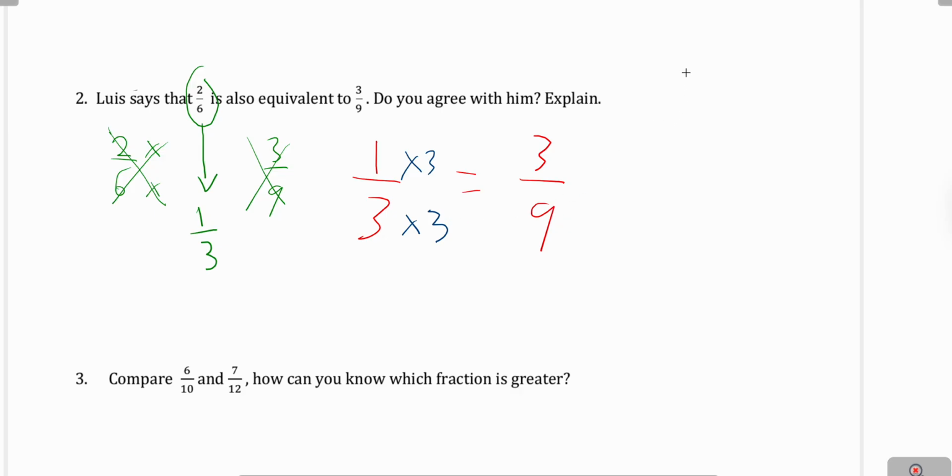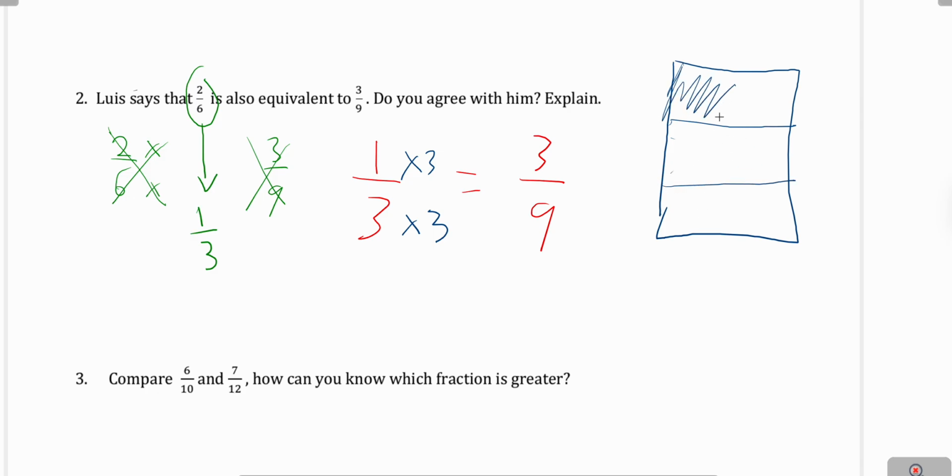It's like if you would draw 1/3. Okay, this is 1/3, right? And I'm going to shade it to show you 1/3.